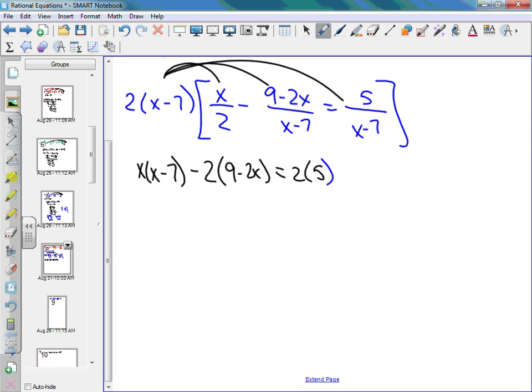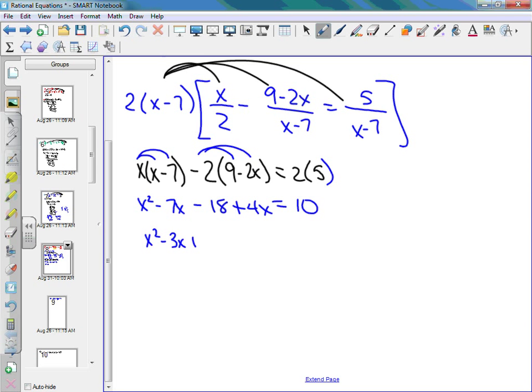Okay, now what do I do? Distribute. X squared minus 7x minus 18 plus 4x is equal to 10. Now what? Combine like terms. So now what's negative 7x and 4x?